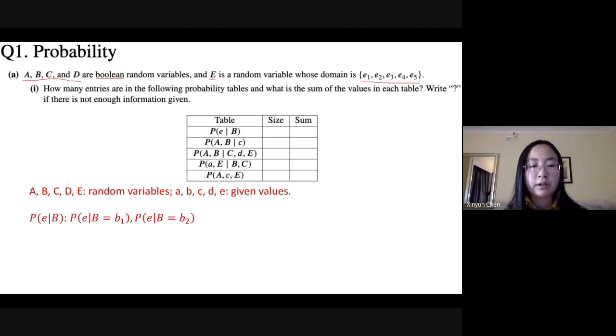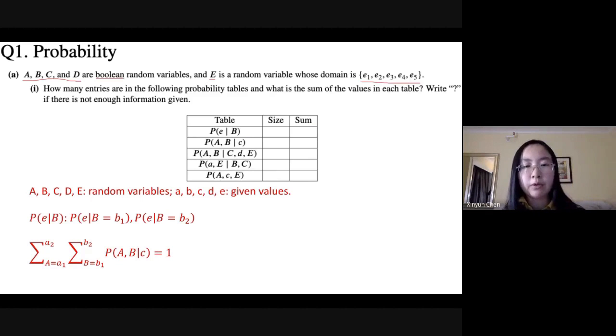The sum of these 2 probabilities is unknown because we have no knowledge about the probability of E given the value of the random variable B. But for the second table, the probability of A and B given C, when we sum over all the possible assignments of A and B, its value is 1 because we enumerate over all possible assignments here.